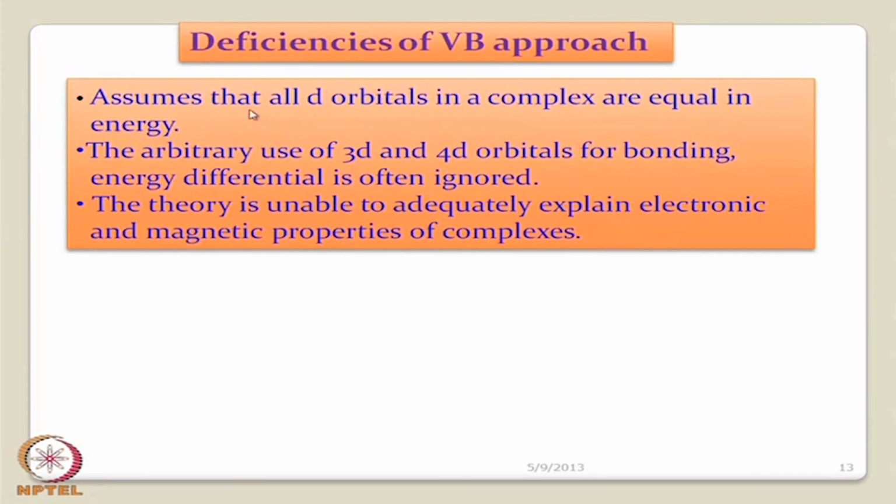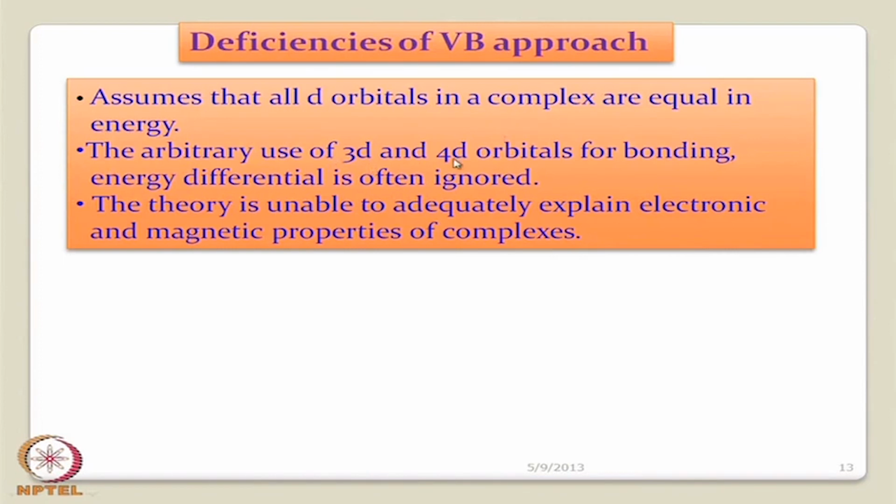It considers all the d orbitals in a complex to be equal in energy, but that is not true. Depending on the stereochemistry, the d orbitals face the ligands differently, because some of them are along the Cartesian axes and some are in between. That is why all of them cannot have equal energy.